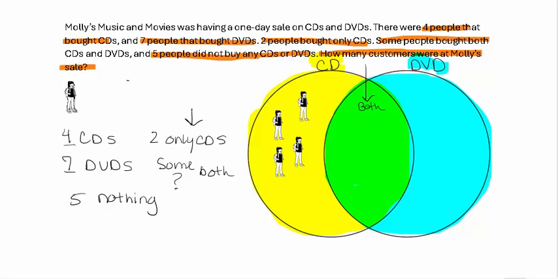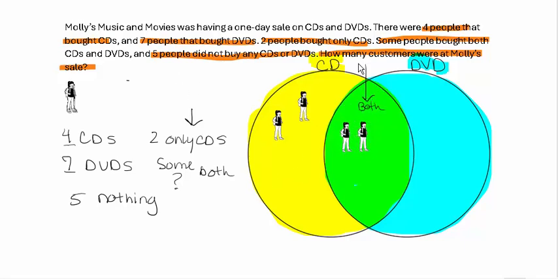So right now, the way I have this is that I have 4 people that bought only CDs, but I know that there should only be 2 people that have only CDs. So I have too many people in the only CDs, but I know that there were 4 people that bought CDs altogether. So let me move these people over here into the both area.